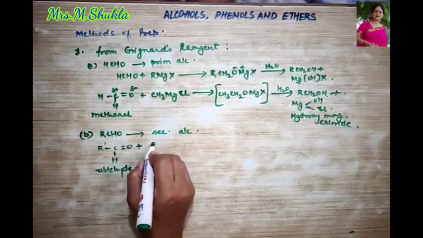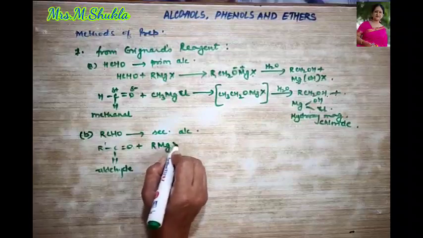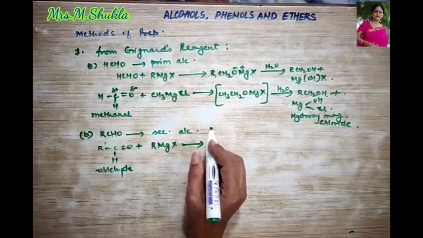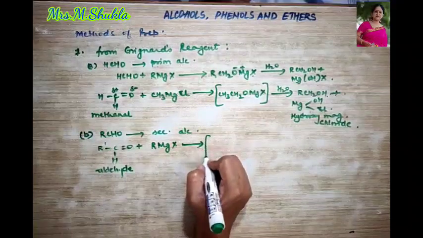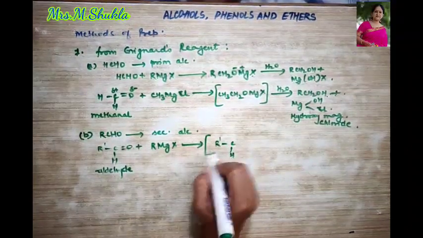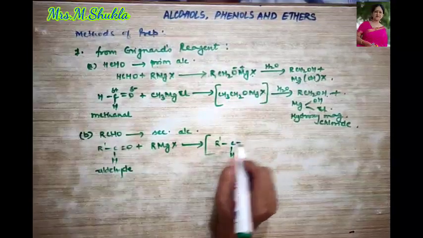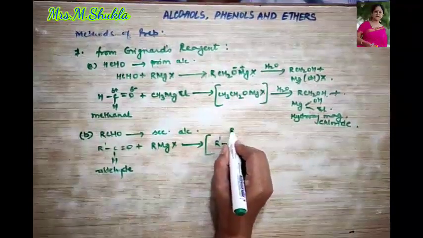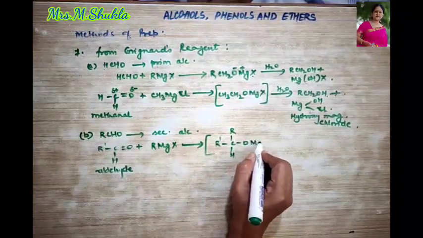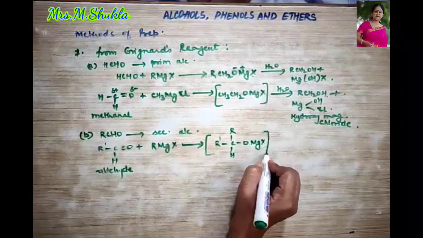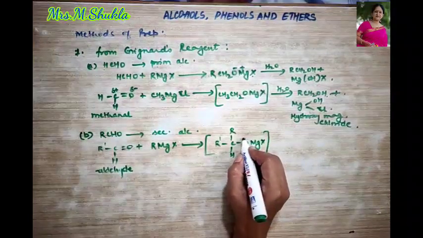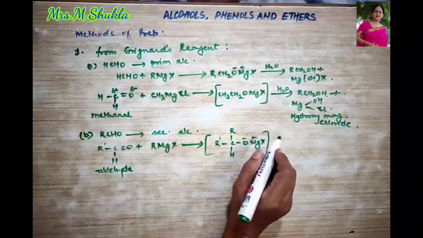When this is treated with your Grignard's reagent R', it first gives you the intermediate product R'CH(R)OMgX, where this is minus and this is plus.